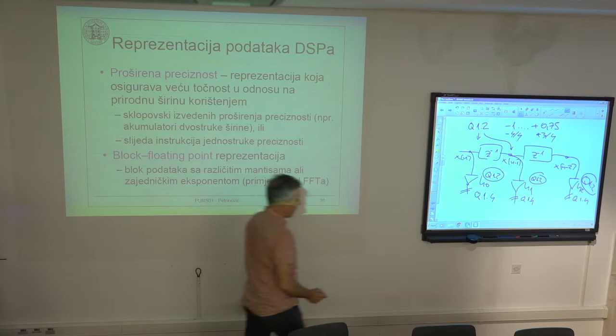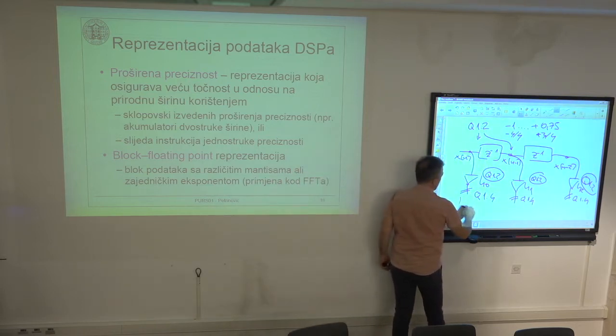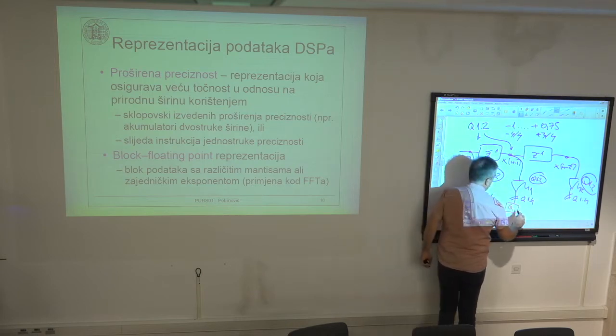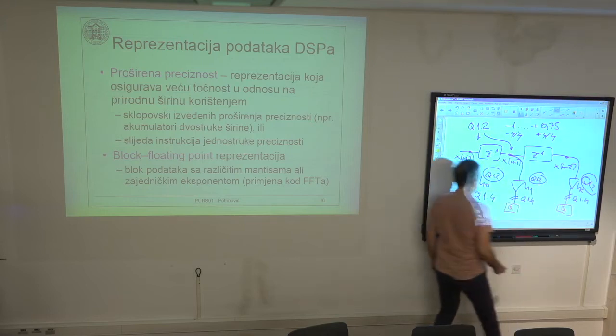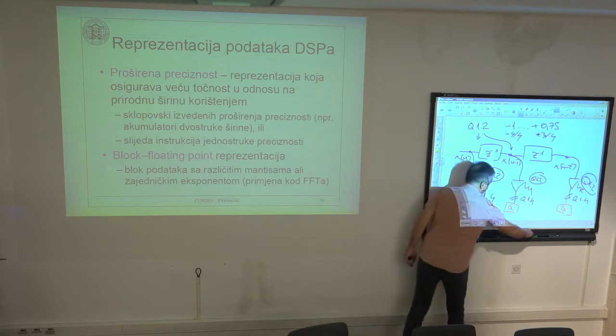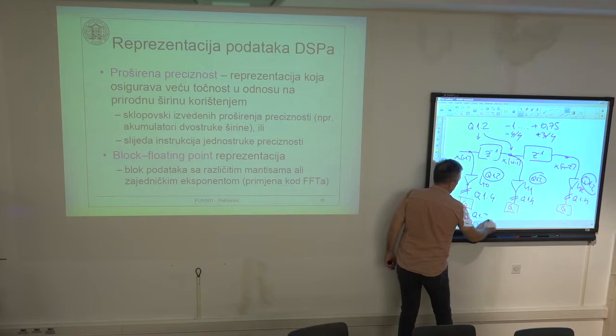And in this case, I would need a quantizer. So here I would put a quantization unit, and this quantization unit would quantize this double word to a single word. So the result of this quantization would be single precision Q1.2.